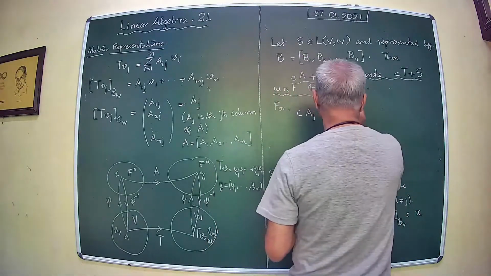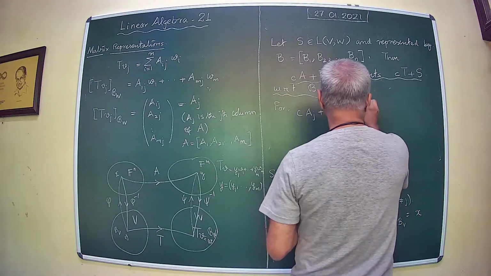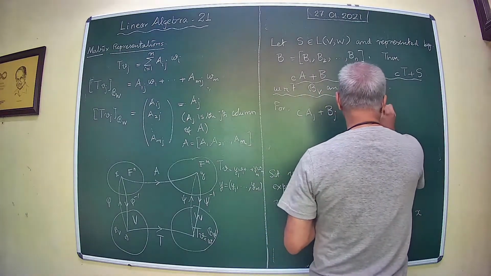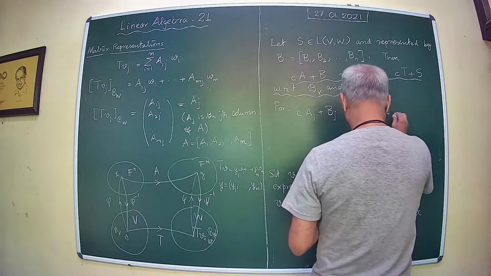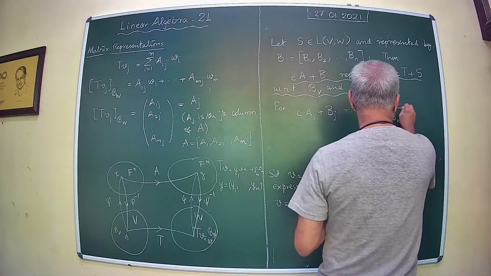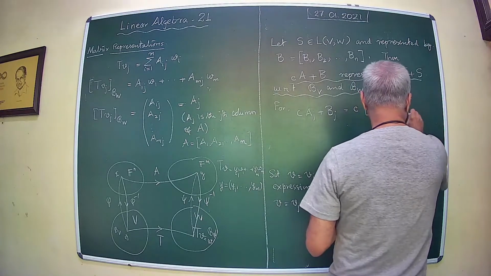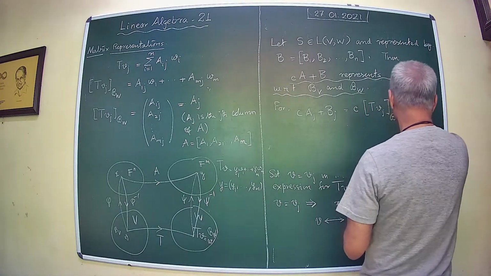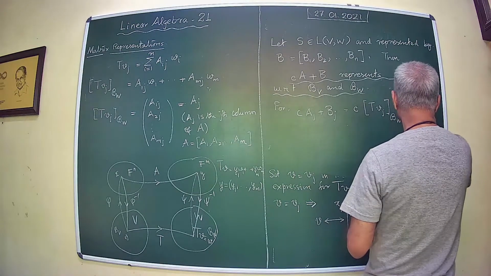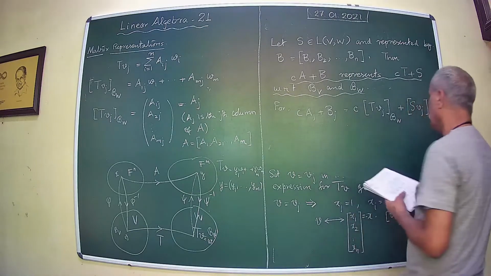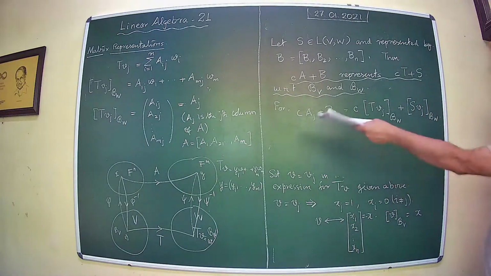This is equal to cT Vj plus S Vj. Okay. That is coming from that.